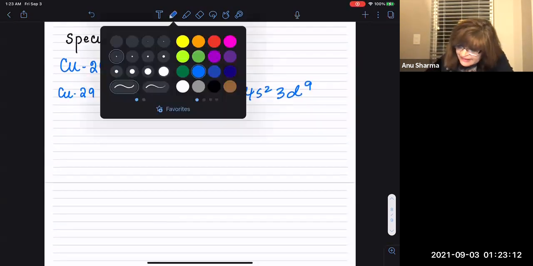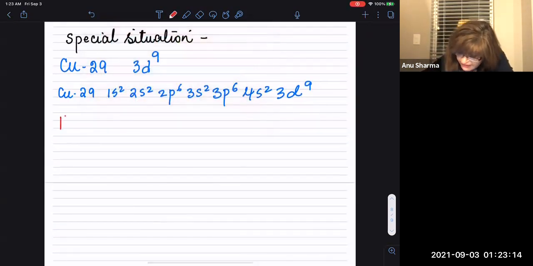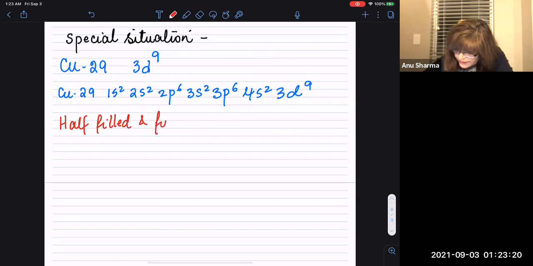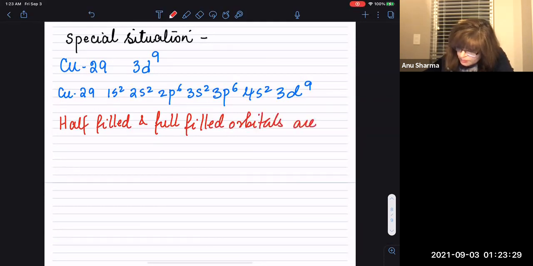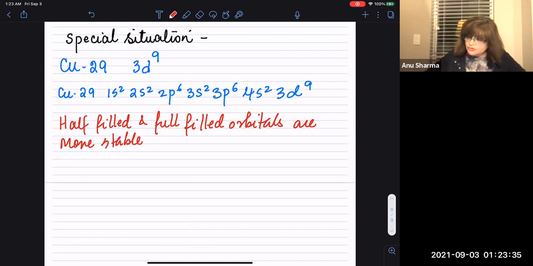Now, fine. There is a rule called half-filled and full-filled orbitals are more stable. Okay, and this is Hund's rule. So the problem is this guy has 9.